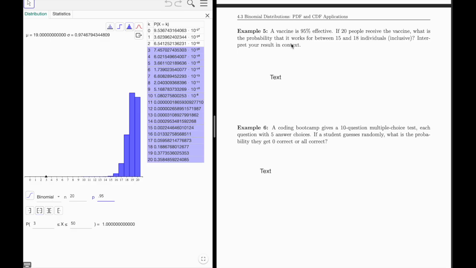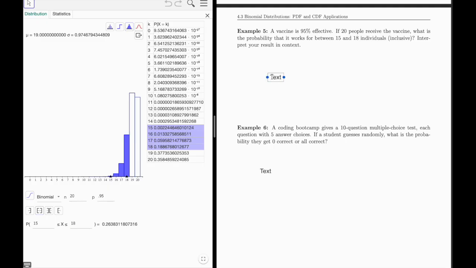And we want to see what the probability is that it works between 15 and 18, including 15 and 18. So I'm going to put X is between 15 and 18 down here, and we get that our probability is 0.2638.